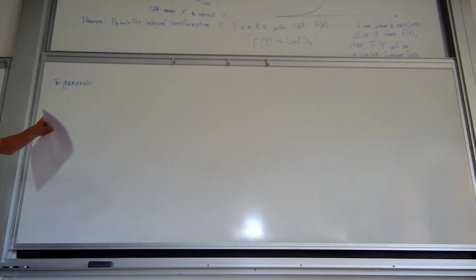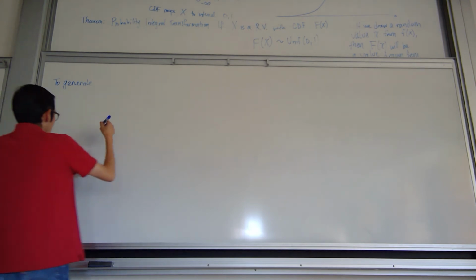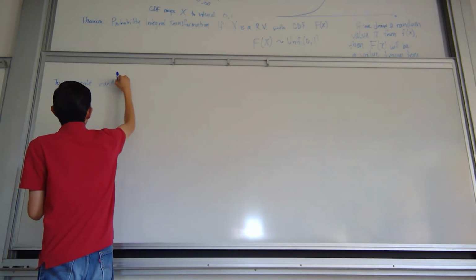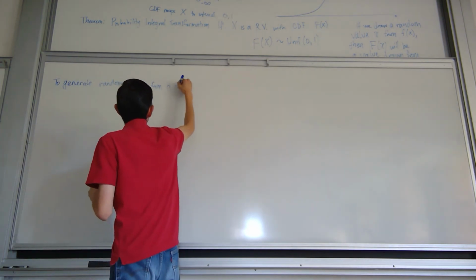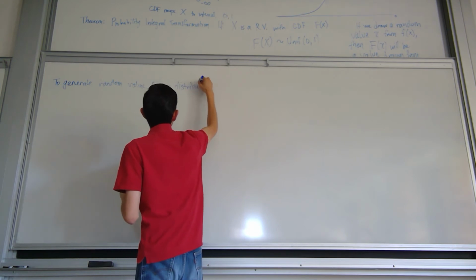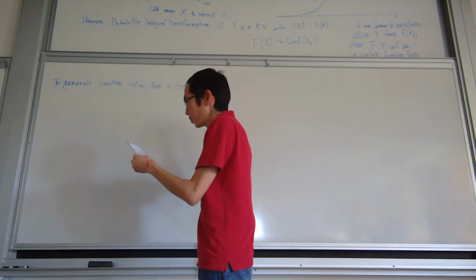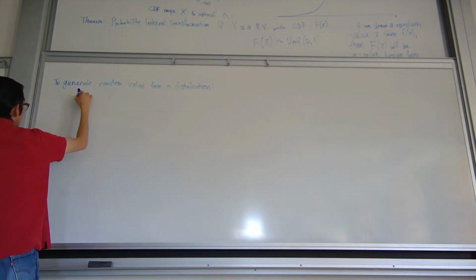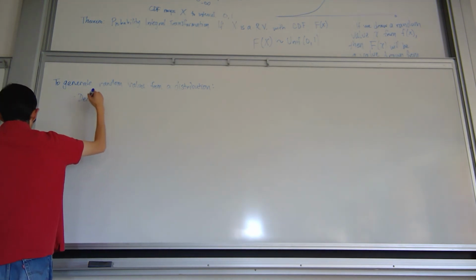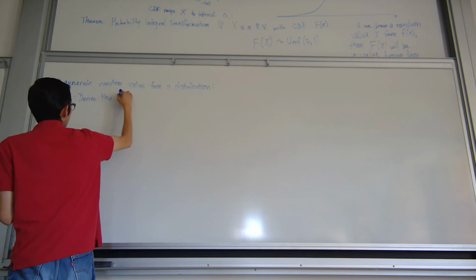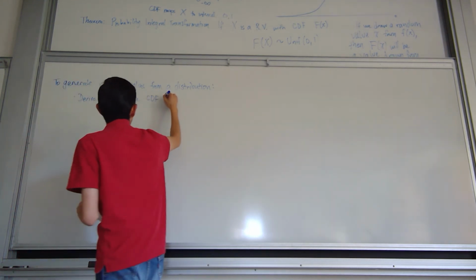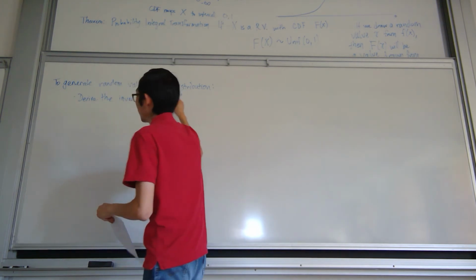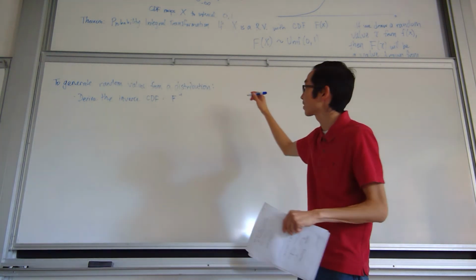So we did the normal example, and then this is just kind of general rules. Okay. So to generate random values from a distribution, first you have to derive the inverse CDF. And so this might involve some calculus, okay?